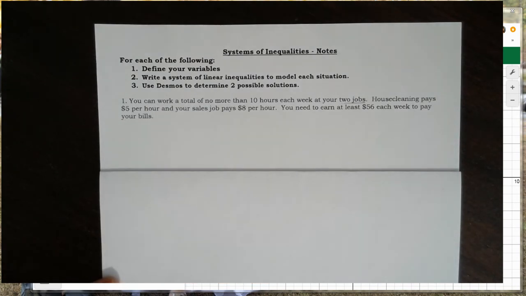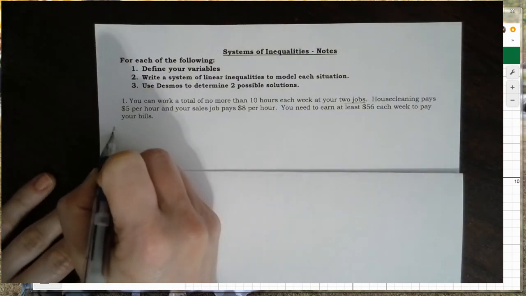And I need to earn at least $56 each week to pay my bills. So our goal is going to be to determine different hours that I could work cleaning houses and at my sales job and still meet both of these requirements.